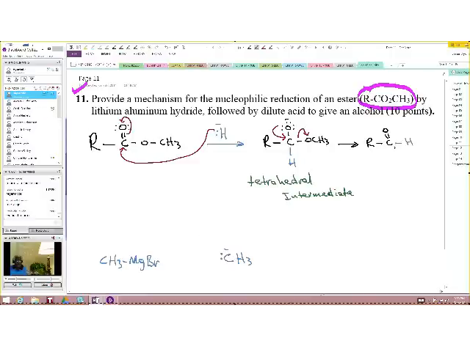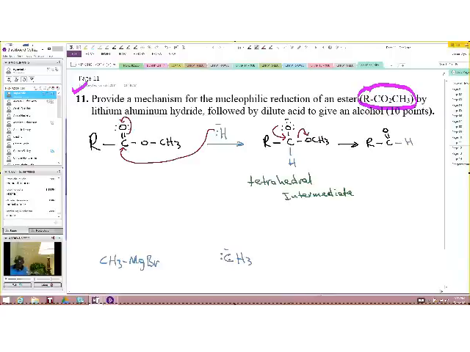Hydrogen will now be methyl. What class of compound will you get at this point? Will it be an alkene? Will it be a ketone? Methyl ketone, exactly.